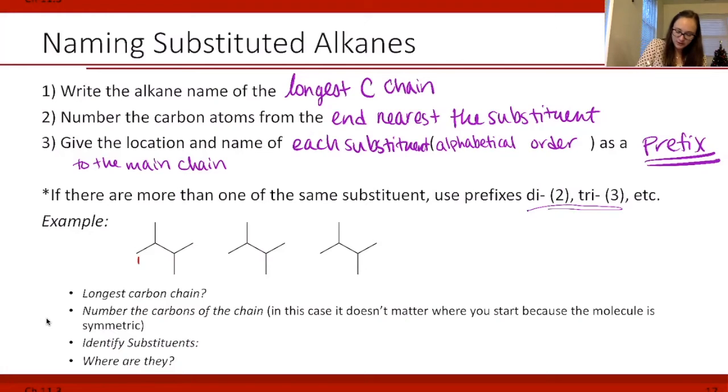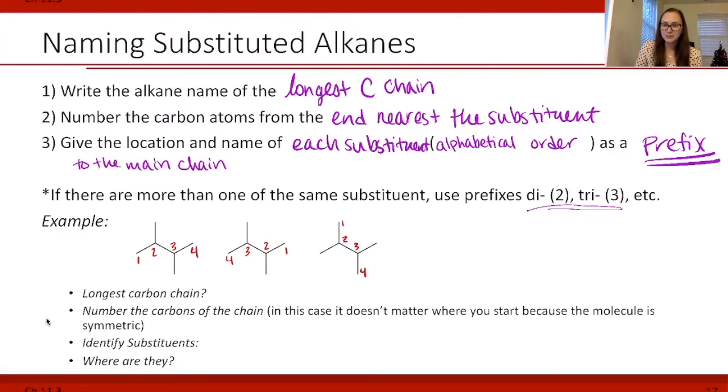You could number, for example, 1, 2, 3, 4, just straight down from left to right. You could also number it the other way, 1, 2, 3, 4, still 4 carbons in a continuous line. Or in this particular case, you could go vertically, 1, 2, 3, 4. There's a lot of different ways that you could number this. They are all still correct.